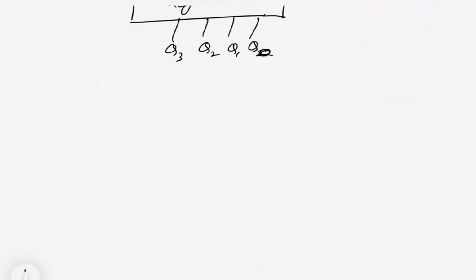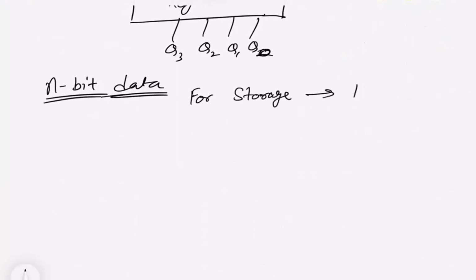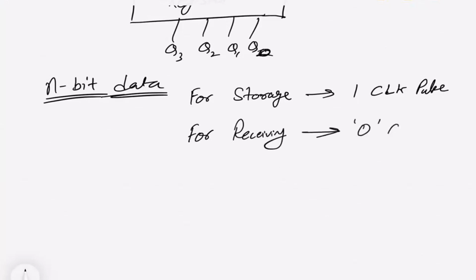So we can say directly that if I am talking about n bit data register, so for storage I need 1 clock pulse, and for receiving data I need 0 clock pulse.